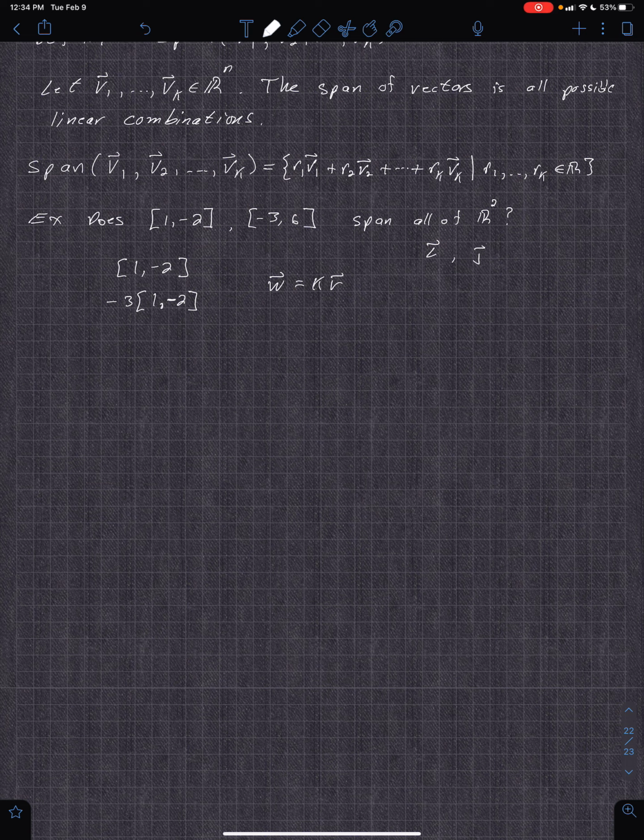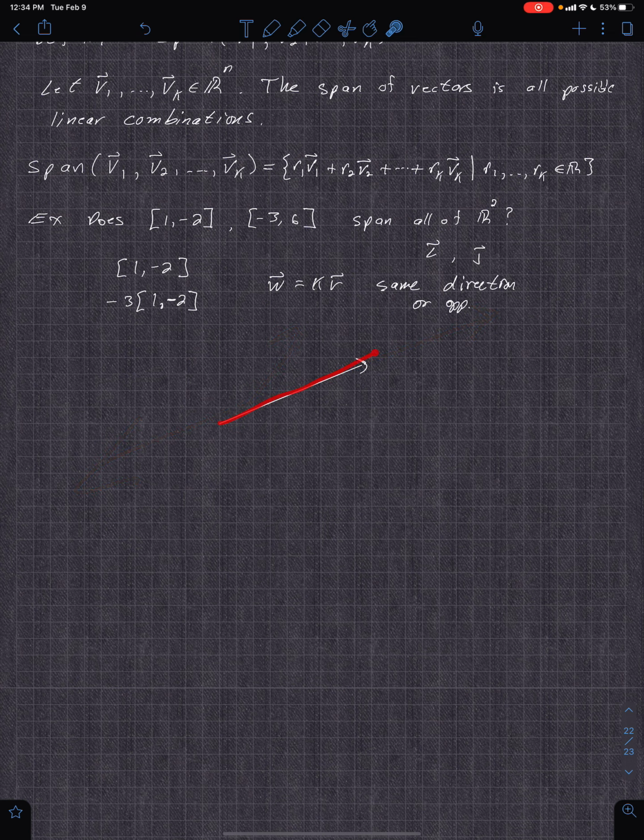So it's the same direction, or opposite. I guess it's opposite. But it's basically saying you have a line like this, you have a vector, and all you're doing then is either going longer or reversing the direction. But you can't go in a different angle.